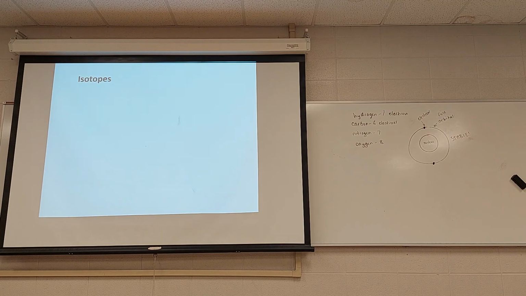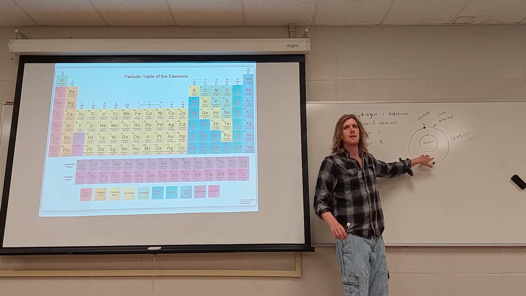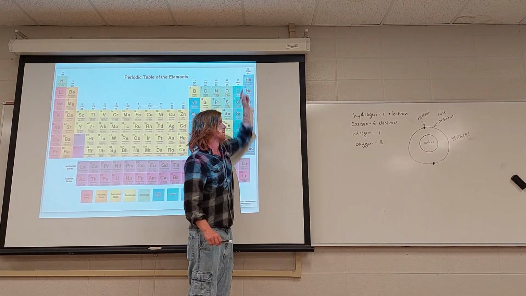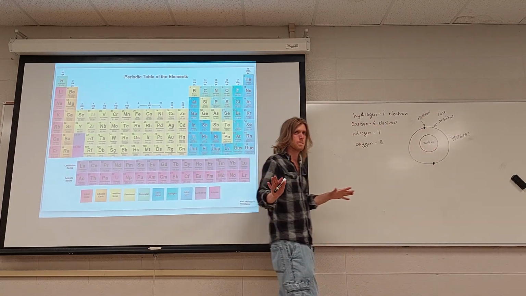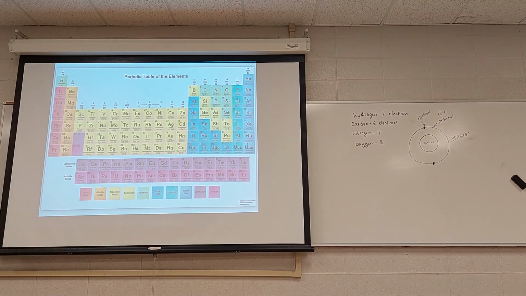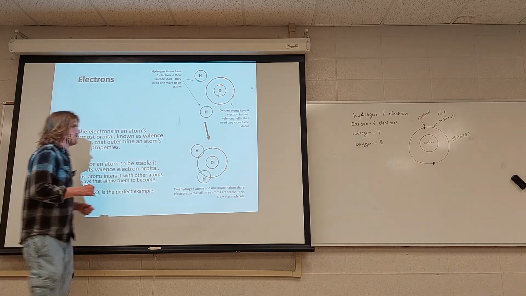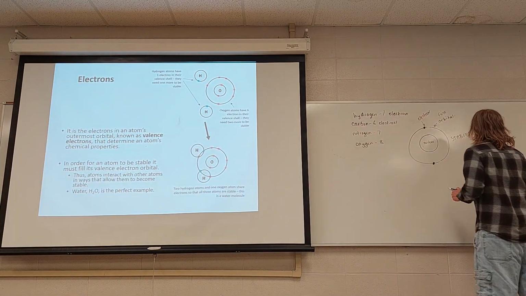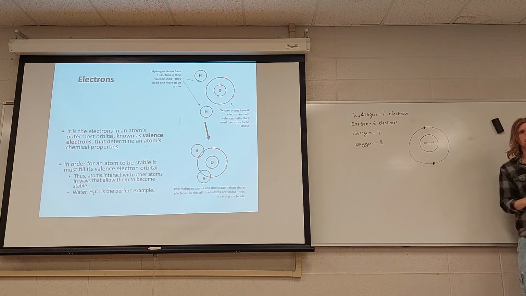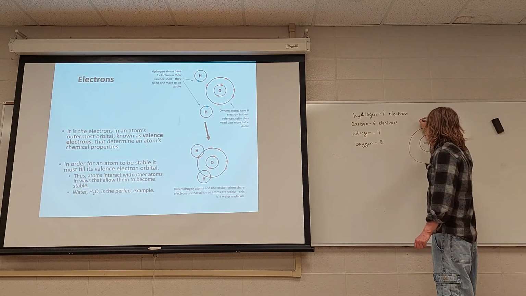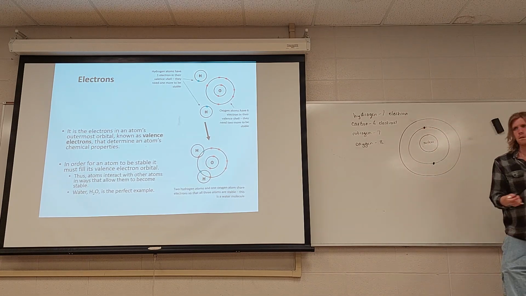If you go back to the table, I've just drawn an atom of helium, which has an atomic number of 2. 2 in the first orbital, we're stable, we're good. After that first orbital, all of the ones that follow it are going to need 8 to be stable.